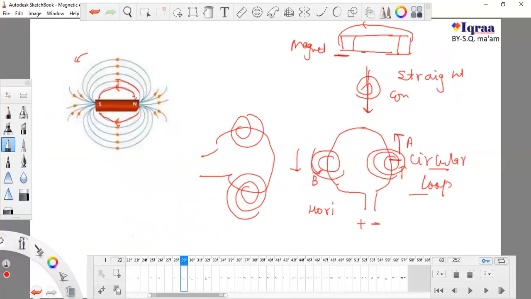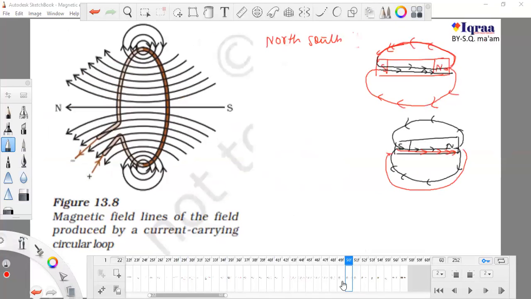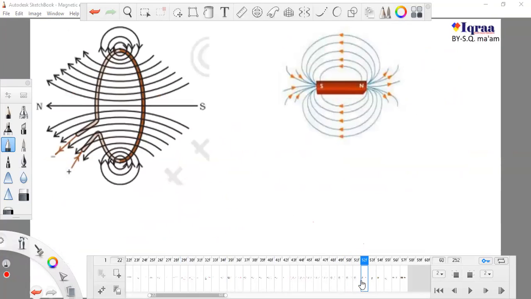Look how it goes. It goes north to south when it is outside, north to south outside.